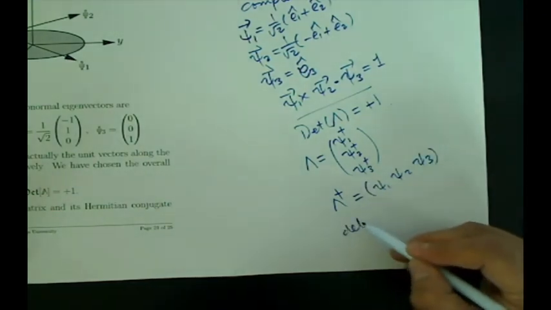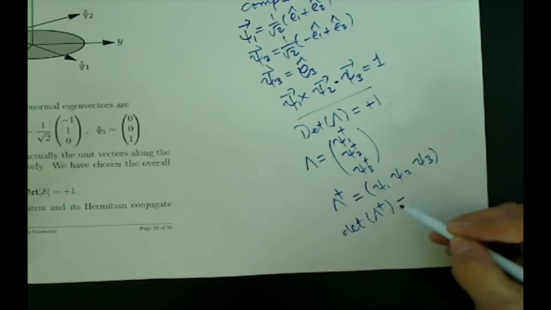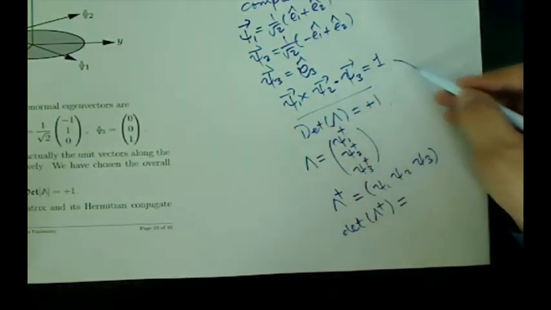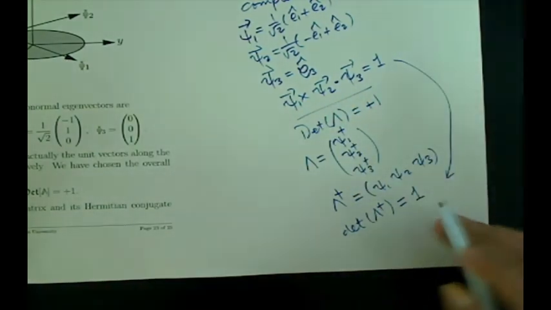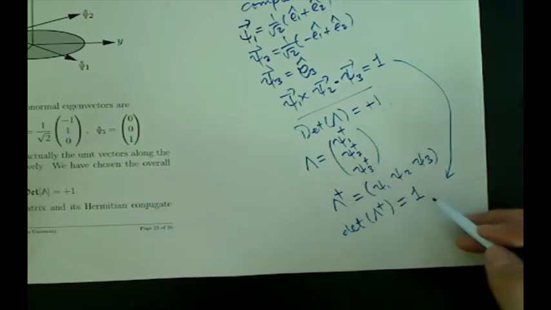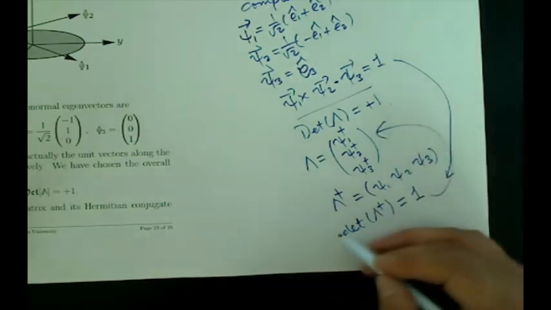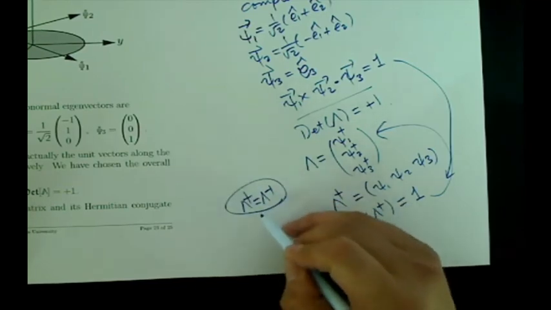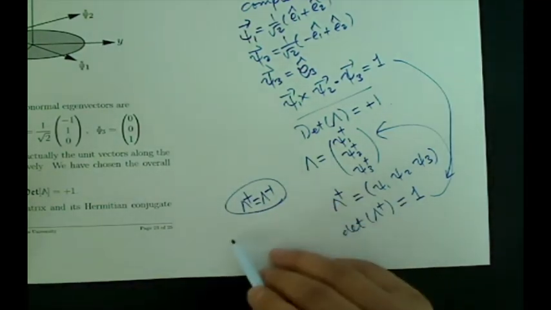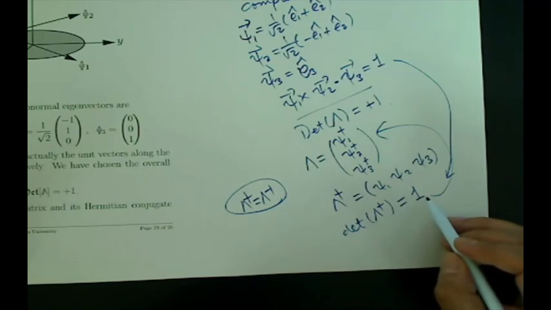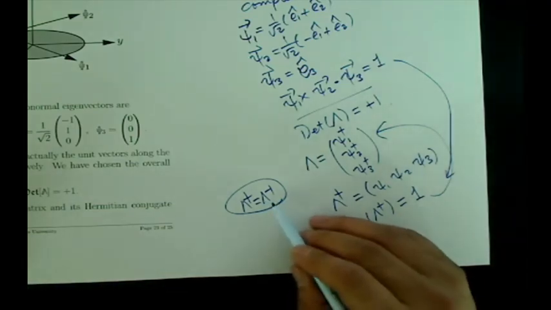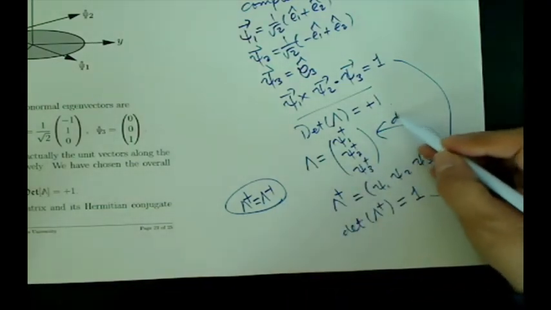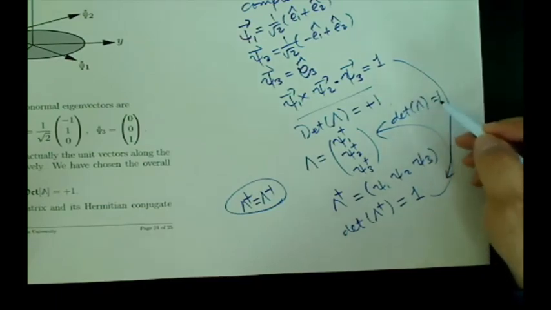So the determinant of lambda is 1. And because lambda dagger is lambda inverse, it is unitary. So this one is the same as this, and this inverse is this, so the determinant of lambda is also 1.